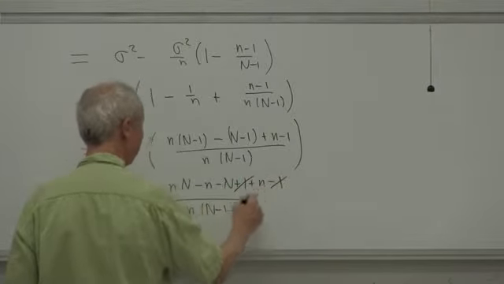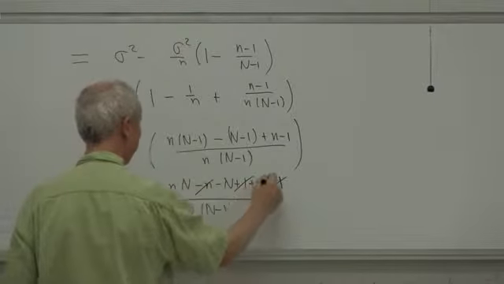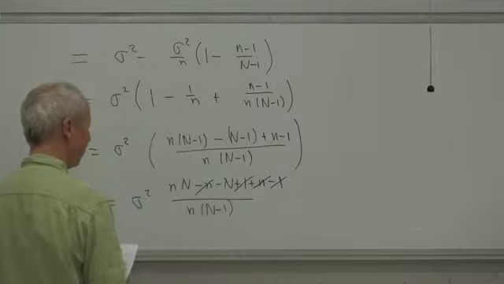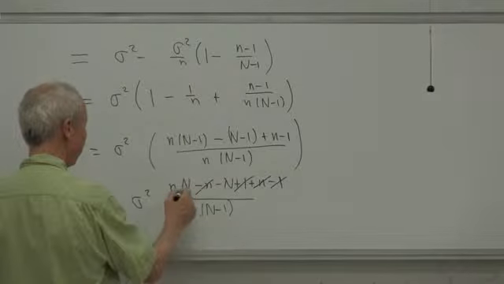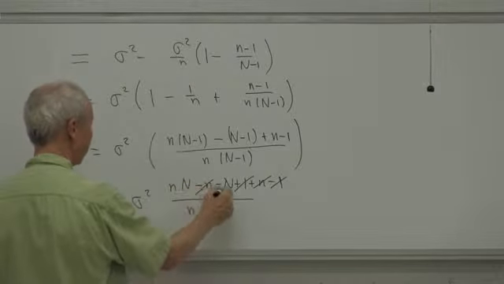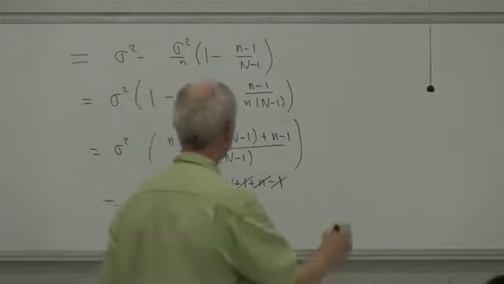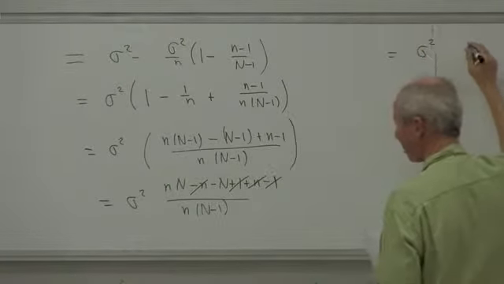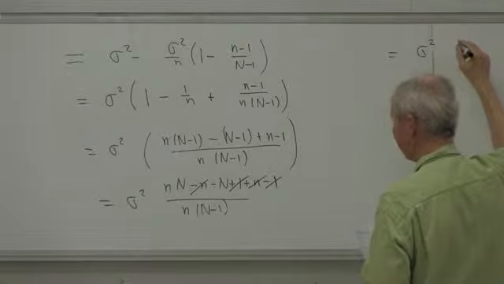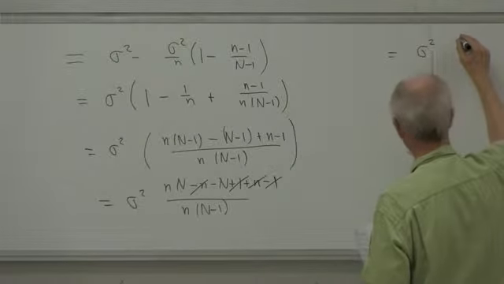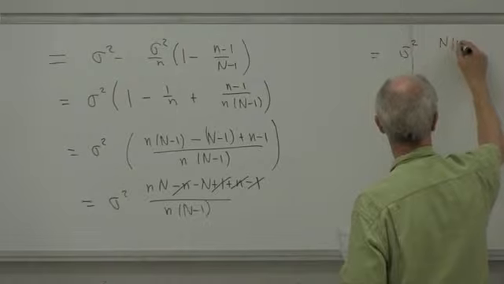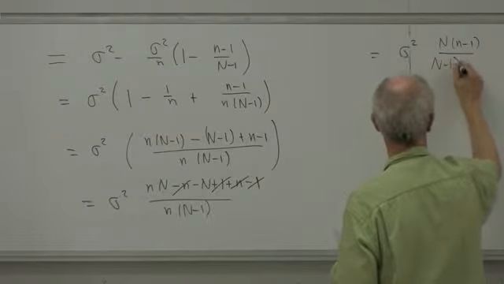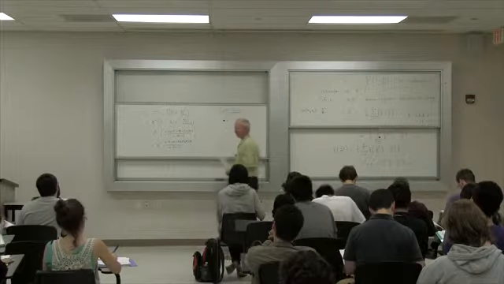This will cancel. This will cancel. And we have n, capital N, minus capital N. And that looks to me like capital N times little n minus 1 in the numerator, and capital N minus 1 times little n in the denominator.